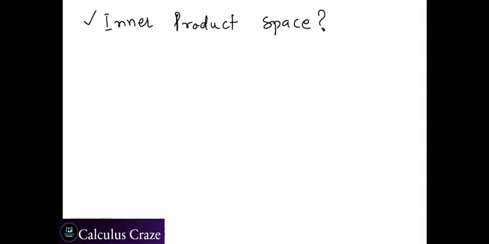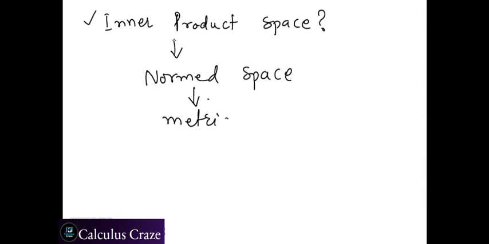Because every inner product space is a normed space, and we have recently seen that every normed space is a metric space. So yes, obviously every inner product space is going to be a metric space.